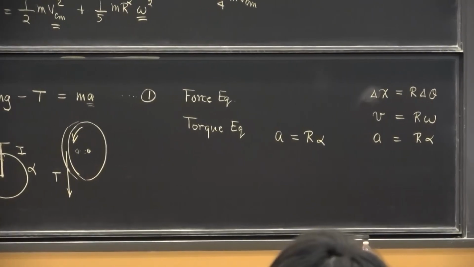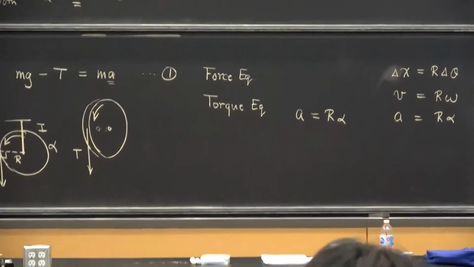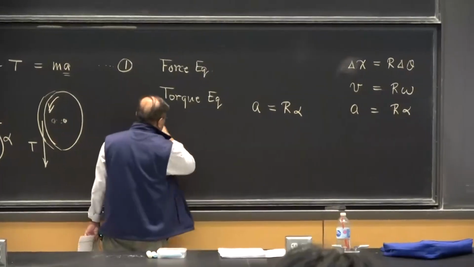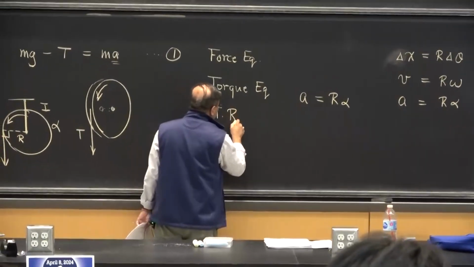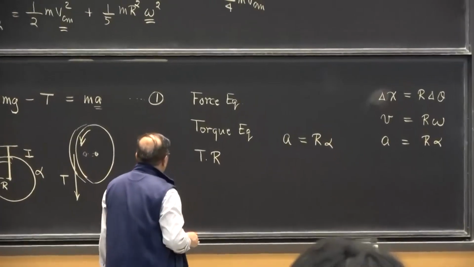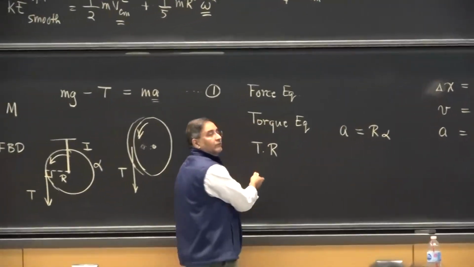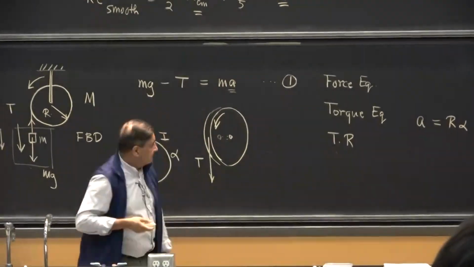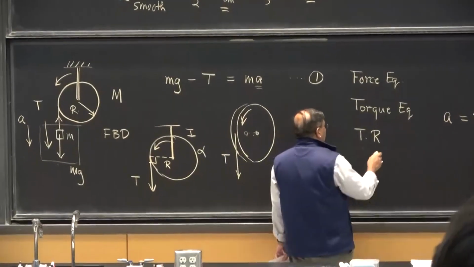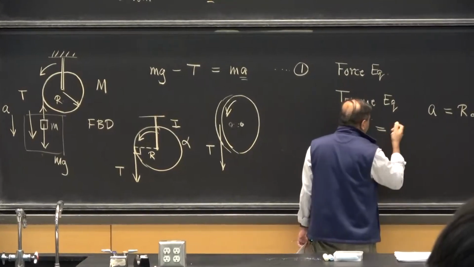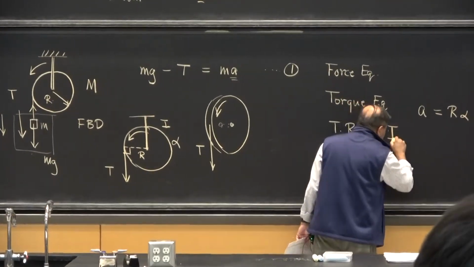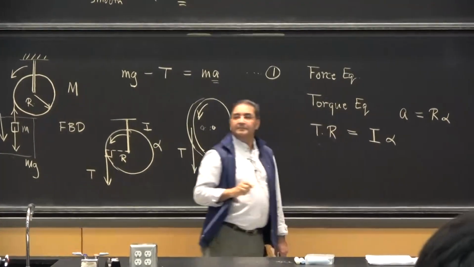Okay? So therefore, we have a no slipping condition here, and the corresponding torque equation that we must have is going to be T times R. That's the torque being generated. That's the equivalent of force, and on the right-hand side, you'll have the equivalent of mass times acceleration, which is the moment of inertia I times alpha.